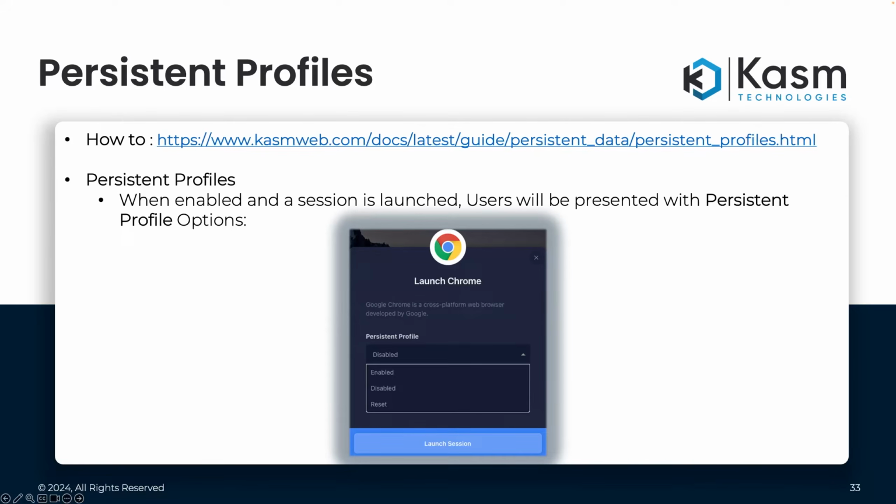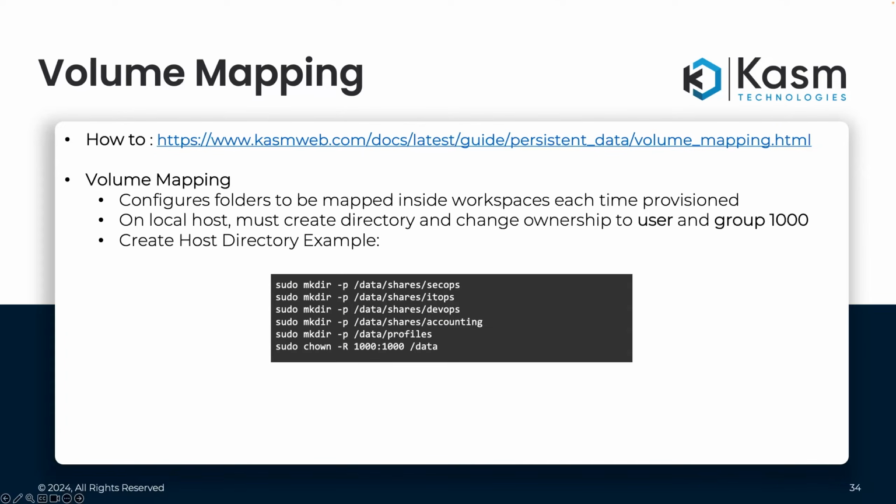So if there's already an existing persistent profile in place, and say you wanted it to be deleted or recreated, then using the reset button will do this. It could be useful for the user if they desire to clear their old profile data and start fresh.